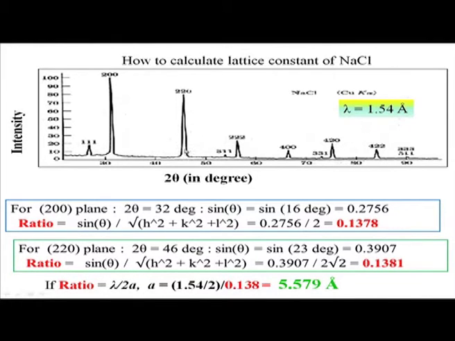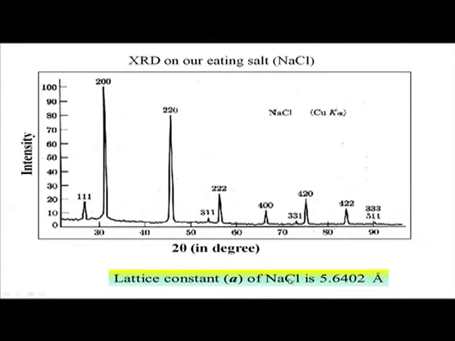So I calculated roughly and found 5.58, and the reported value is 5.6. So 5.58 and 5.6 are very close, but this discrepancy is because I have roughly taken the angle, okay.